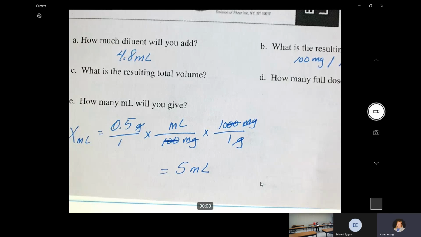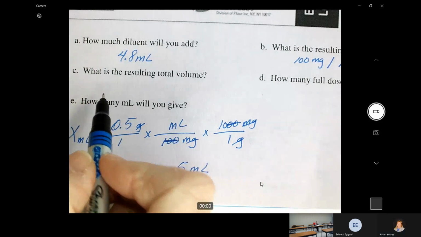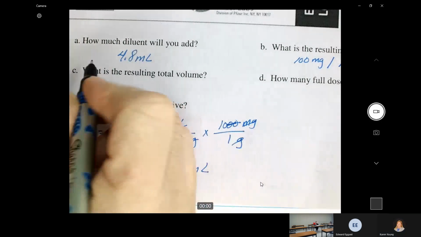Okay. So I'm adding 4.8, I'm giving 5. Am I going to have enough? Probably, but what happens if it doesn't add the volume? Let's check it to be on the safe side, okay? Because the diluent is less than what I'm giving, so let's check and make sure.